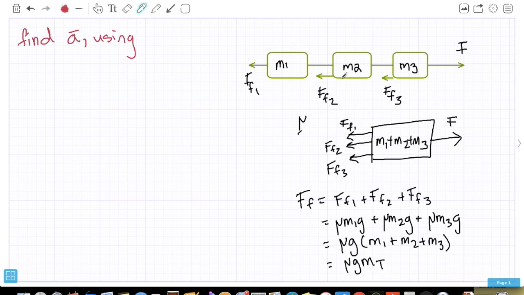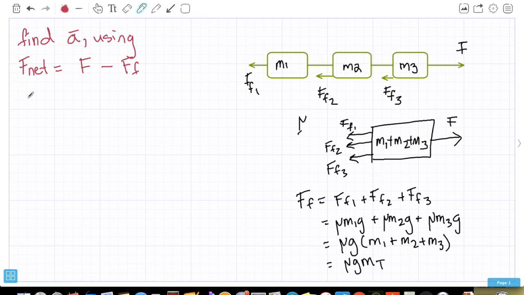And to do that, just like in question 9, we'll treat the entire system as one big block. So we're actually looking at the Fnet of this. So Fnet is equal to the force applied, which is pulling all 3 blocks. And then we'll include direction, so we have minus FF. So that's the total of all 3 of these.